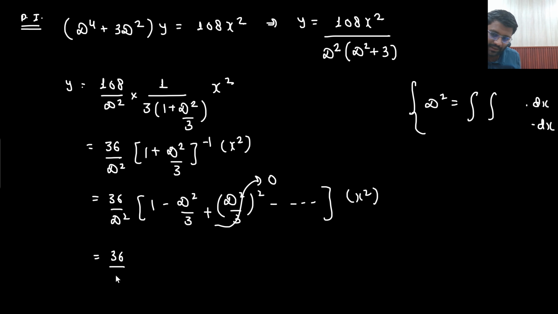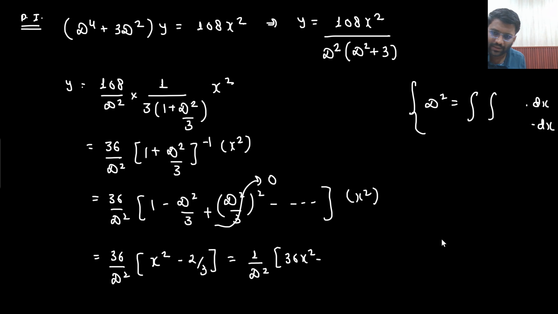So 36 by D^2, x^2 you take outside, inside, then minus 2 by 3. Understandable? So what you are getting: 1 by D^2 of 36x^2 minus 36 into 2 divided by 3, that is 24.